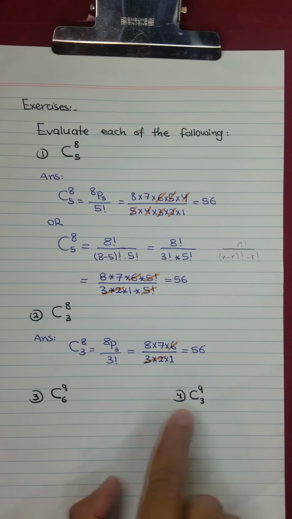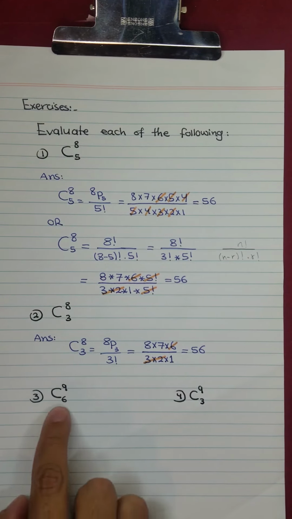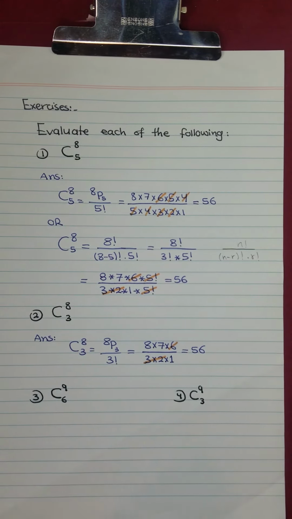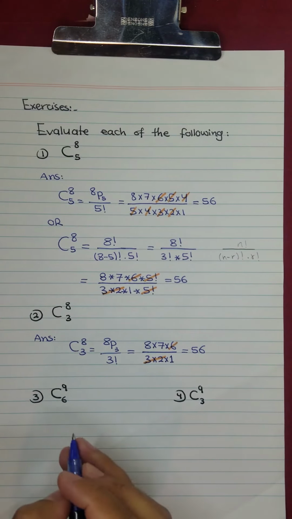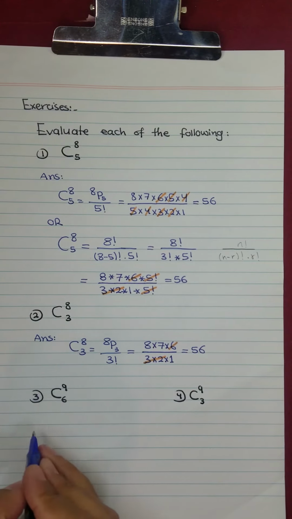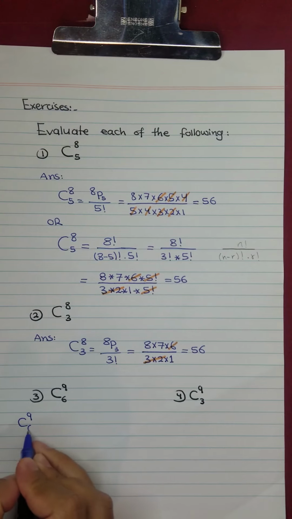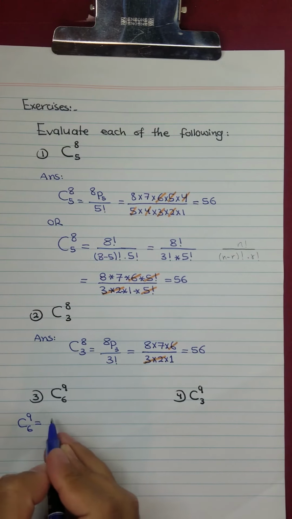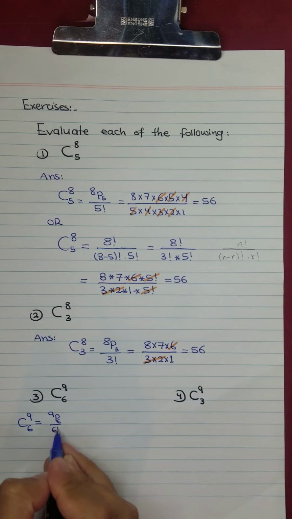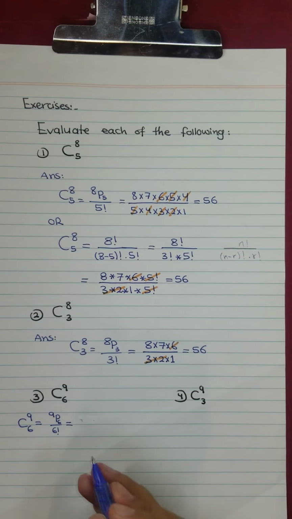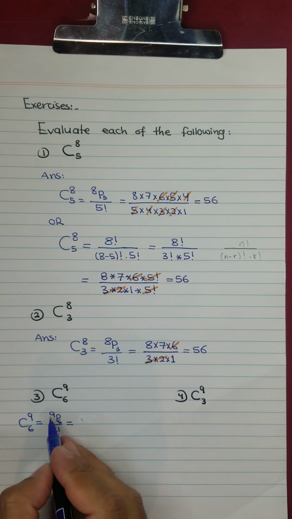Now notice that 3 plus 6 will give you 9. 6 plus 3 will give you 9. So the value of n is actually the addition of these two. So are we going to get the same answer? Let's see. Now, if we do this one, 9 combination 6 is actually going to be 9 permutation 6 over 6 factorial. 9 permutation 6 is going to be 6 actions starting with 9.